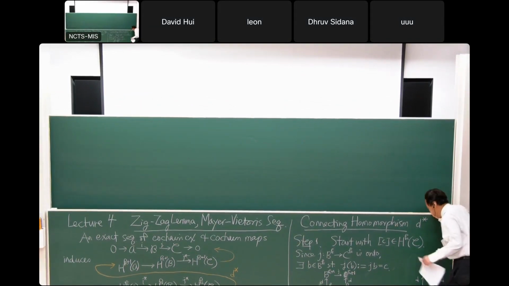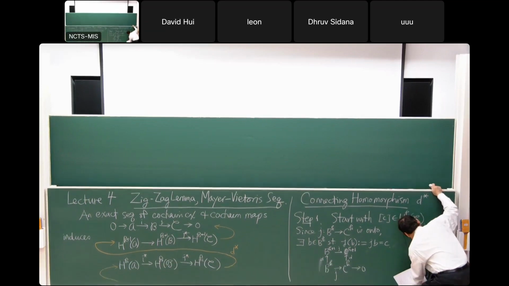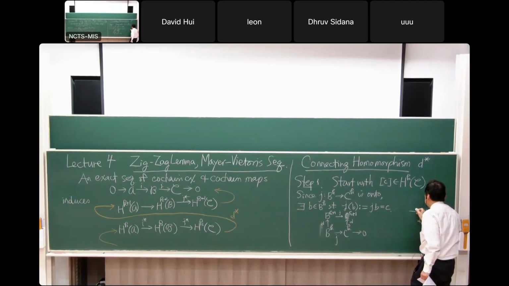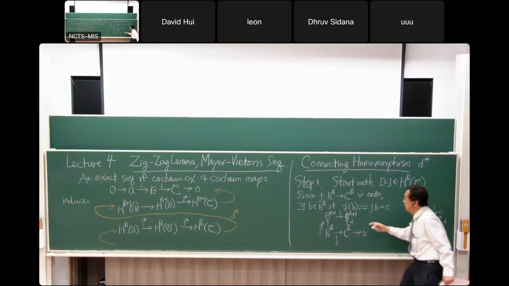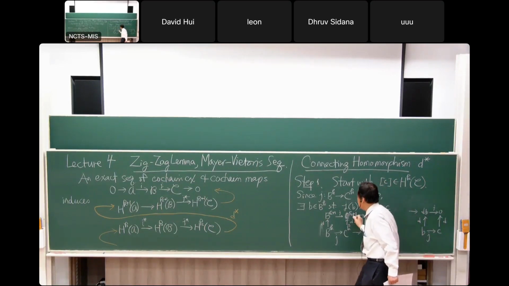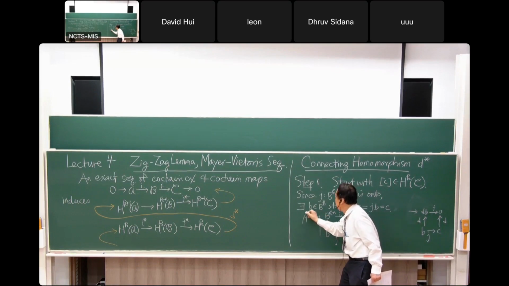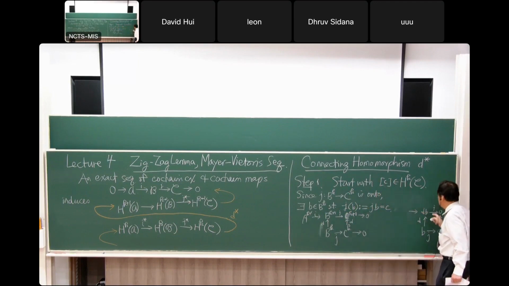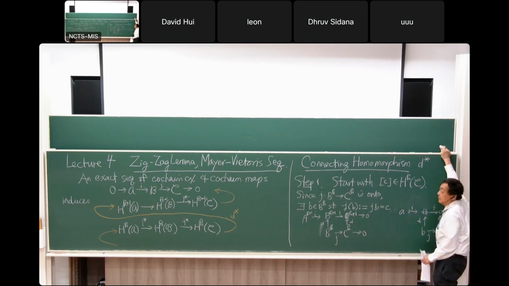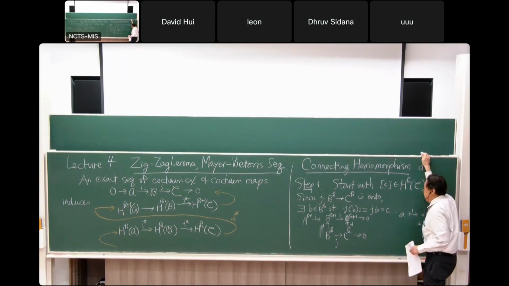Now, you have an exact sequence here. Because db goes to 0, db is in the kernel of J, therefore it should be in the image of I. So that means there's an a here that maps to db. That's step 2. Step 2 is you find that a.